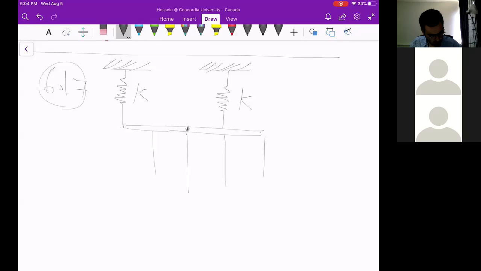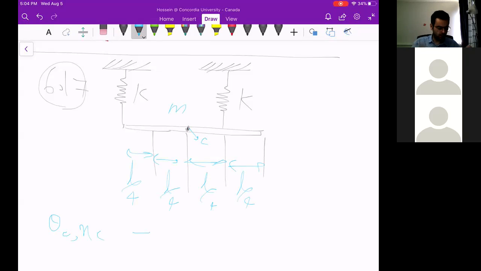L over 4 mass. Modal matrix P. In this system, you could just model it by theta_C and X_C, if this point is C: pure translational movement and pure rotational movement.